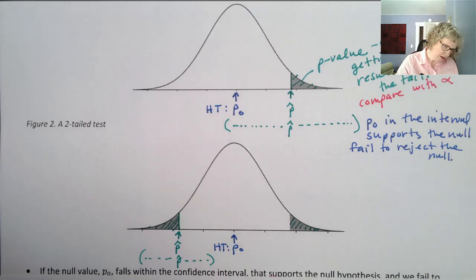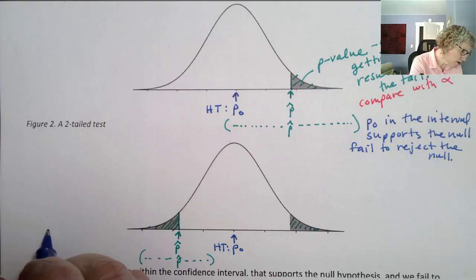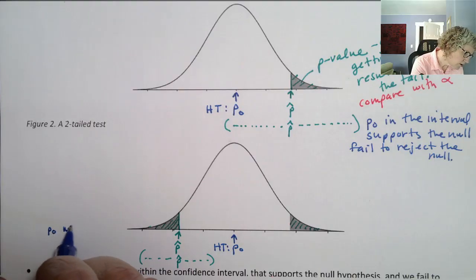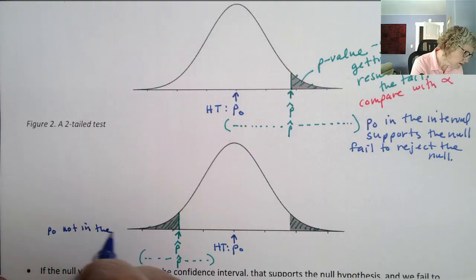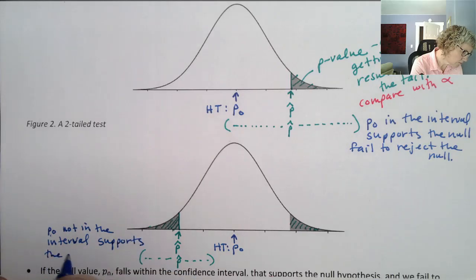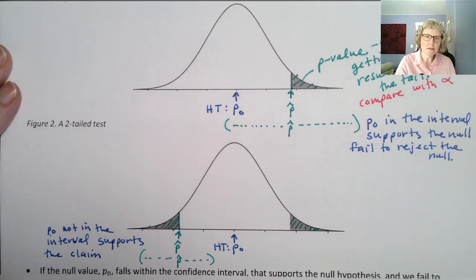So first let me write out P0 not in the interval supports the claim or the alternate.